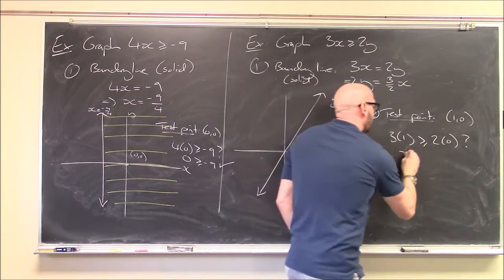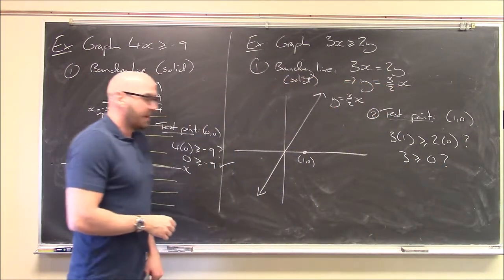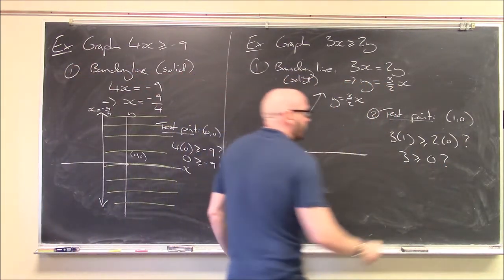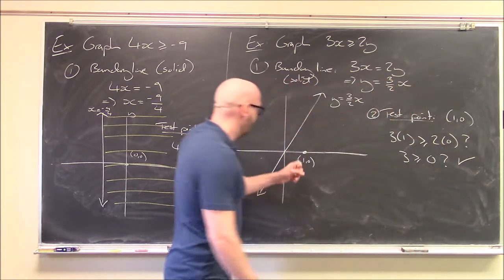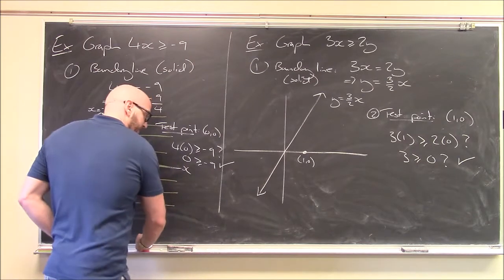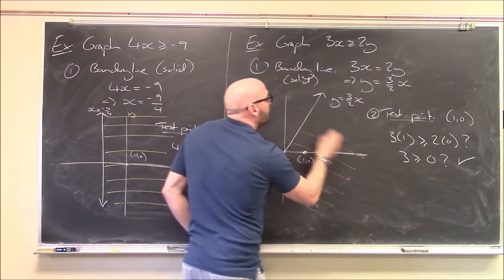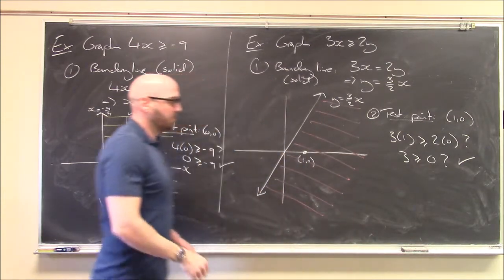In other words, is 3 bigger than or equal to 0? Yes, of course it is. So this point is in the half plane containing all the solutions. So here's our graph. It's the lower half plane in this situation.